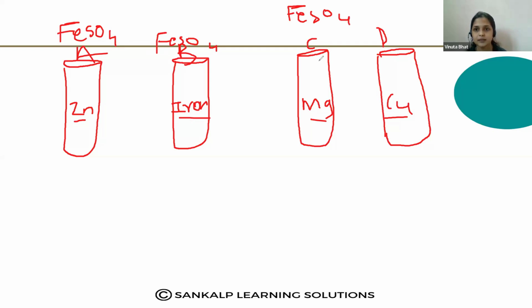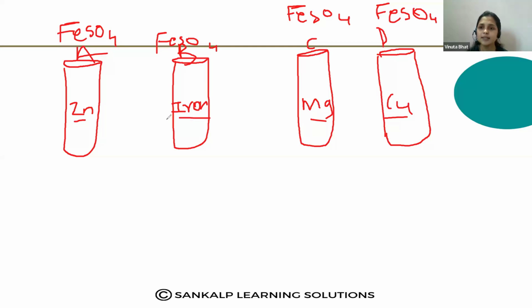Okay. Then here also FeSO4 is added. So zinc plus FeSO4, iron plus FeSO4, magnesium plus ferrous sulfate and copper plus FeSO4.